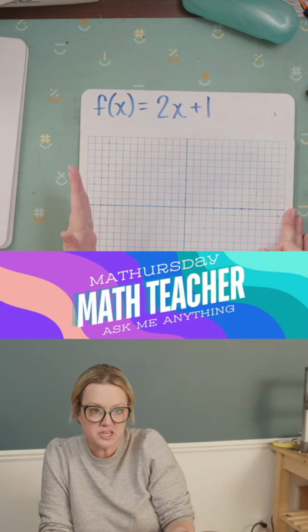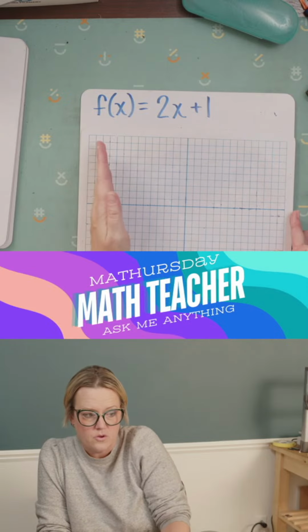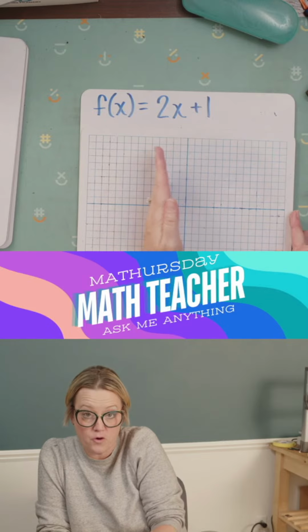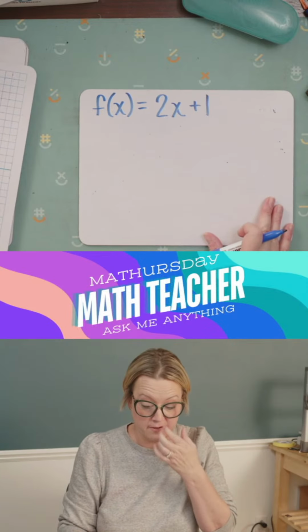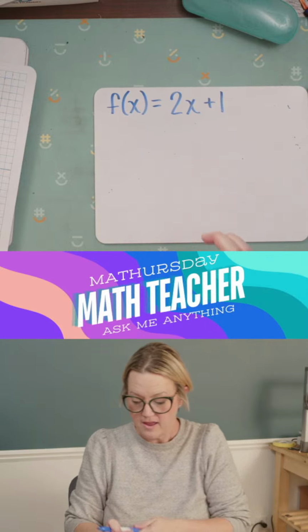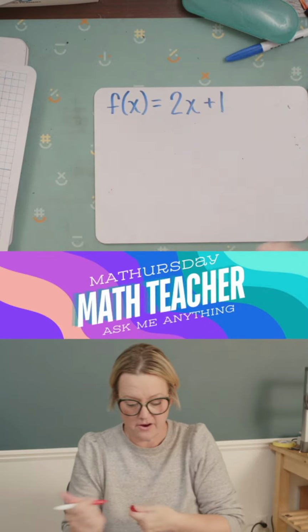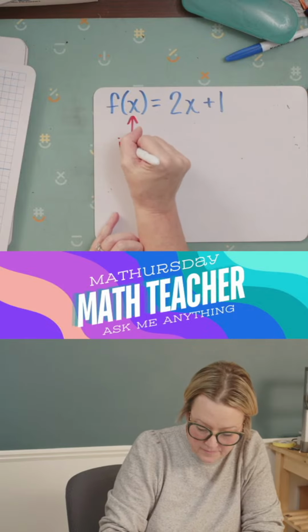But it's a function. So as I said earlier, we've got the vertical line test to see that it's a function. So if I've got f of x equals 2x plus 1, this x right here is my input.